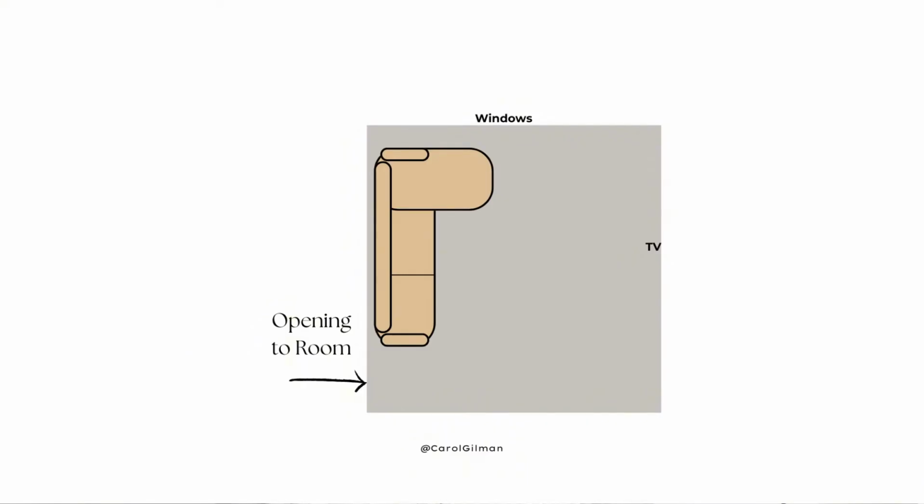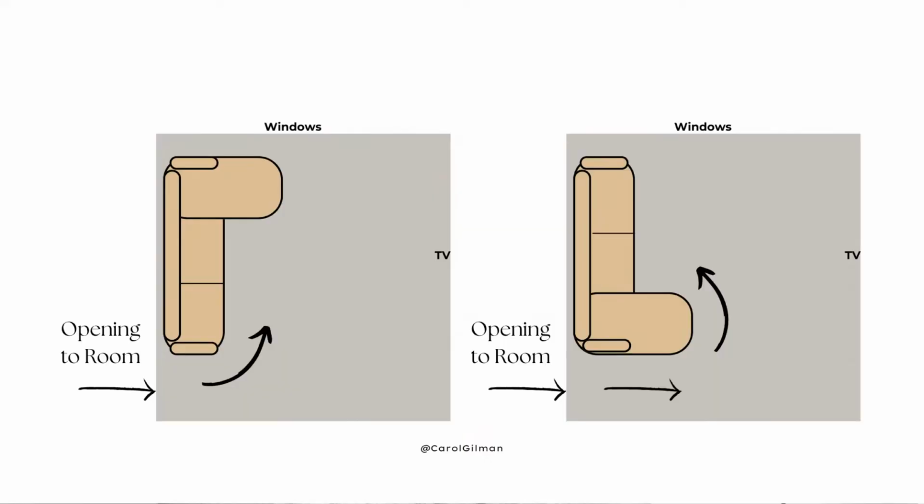Now, what we want to look at is what's the easiest way to get into that sofa chaise to sit down. And the ideal situation is if there's an open area to easily get in there. Ideally, if we can set up the sofa chaise in this way, then as you walk into that room, you're not blocked from getting in and sitting down.